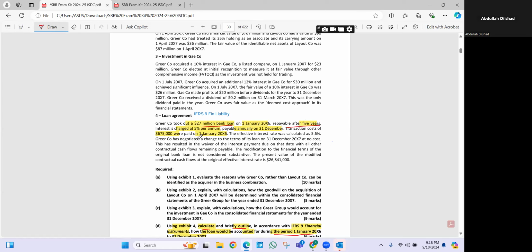Therefore, any transaction cost needs to be removed from the initial loan amount. So hopefully I'll remember that: remove from the initial loan amount. We have taken 27 million, so from 27 million we will have to deduct the 675,000.